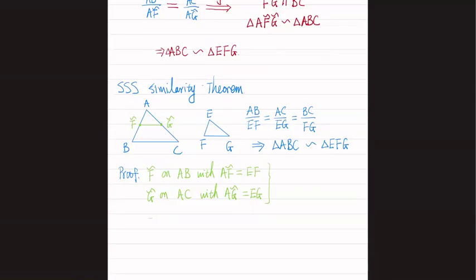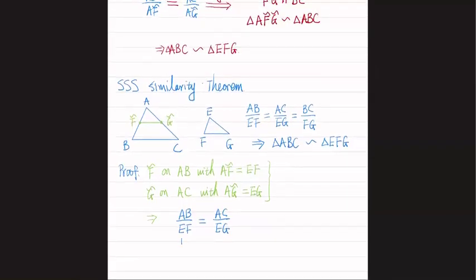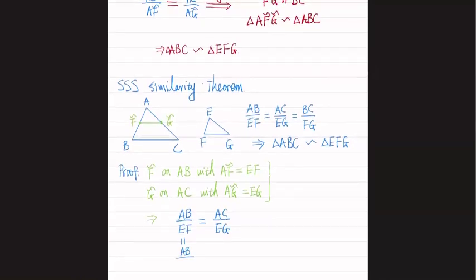This implies, let me copy the first pair of conditions. A, B, just a copy, nothing changes. A, C, E, G. Then by our construction, this is A, B over AF. And this is, again, by our construction over AG.